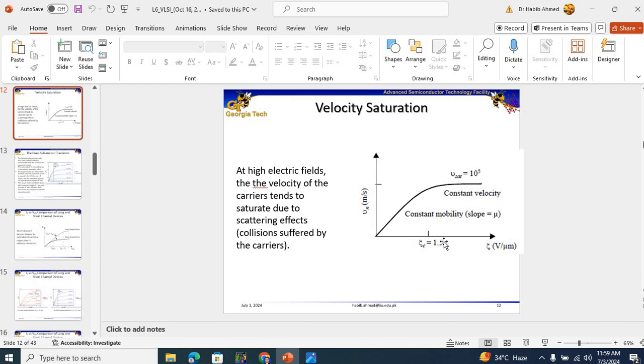Now consider a short channel device of, for example, 0.1 micrometer. For 0.1 micrometer, we will arrive at the critical electric field at 0.15 volts. 0.15 divided by 0.1 turns out to be how much?